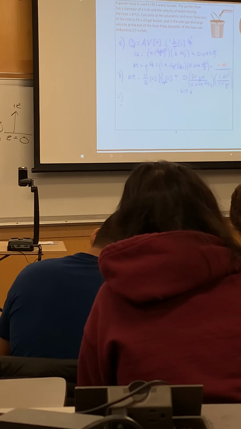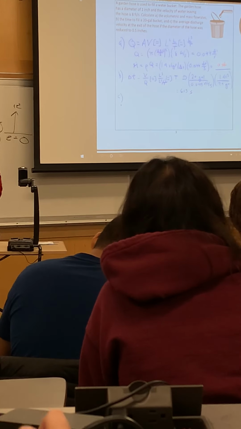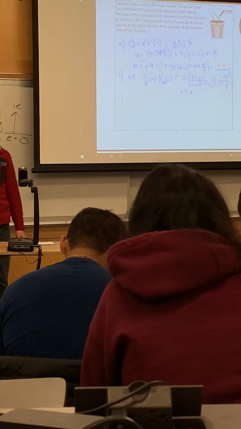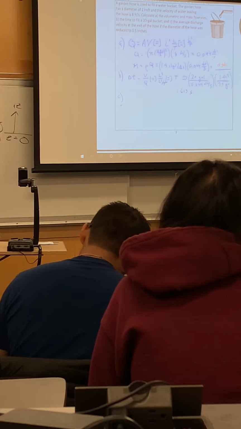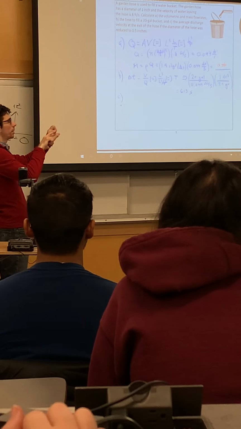Okay, so the next part is our invocation of conservation of mass, or the continuity equation that we'll use in this class, often in these problems. We essentially have a scenario where we're changing that diameter.